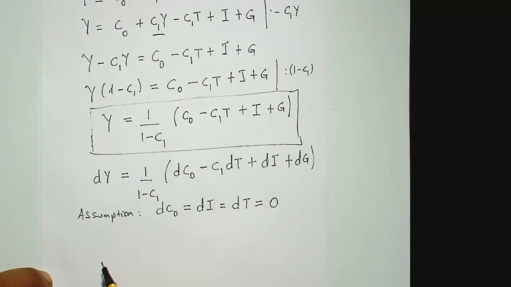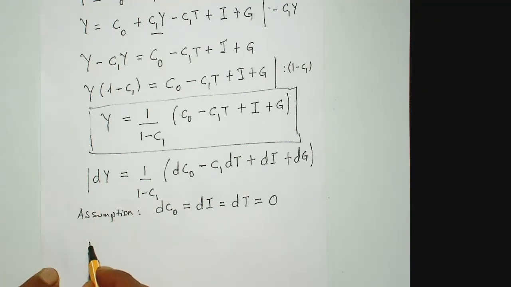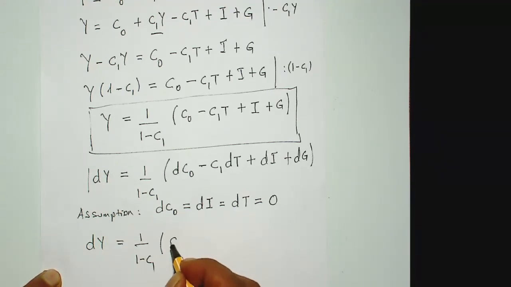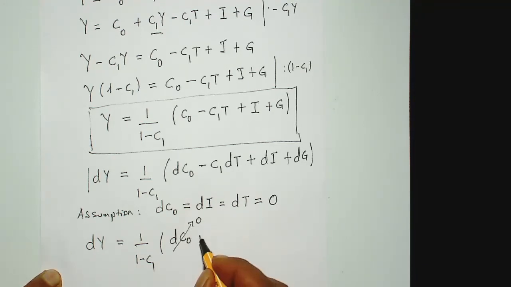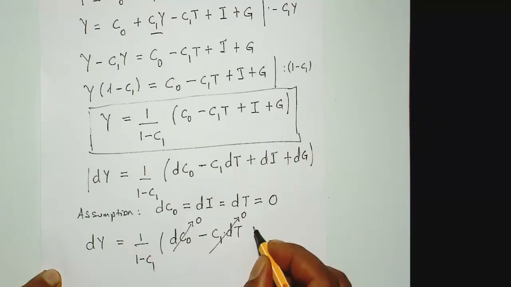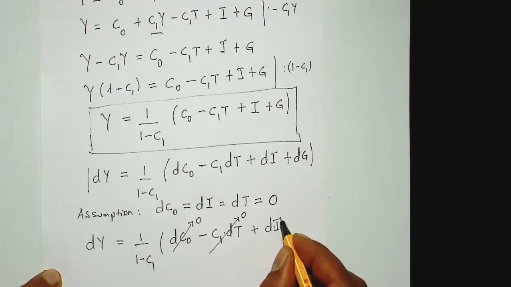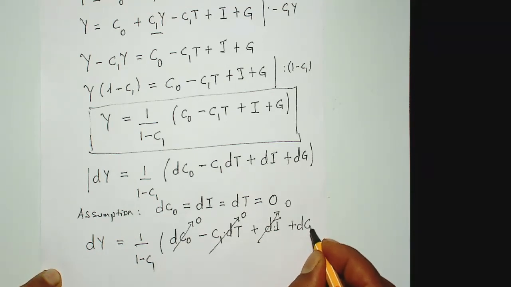If I replace these values with 0 in the total differential formula, we have dY equal to 1 over 1 minus C1 multiplied by dC0, which is 0, minus C1 multiplied by dT, which is again 0, plus dI, which is again 0, plus the final term dG.